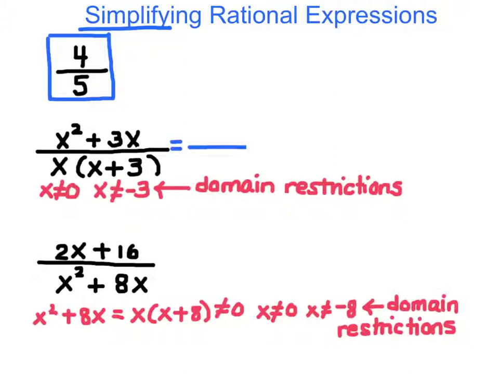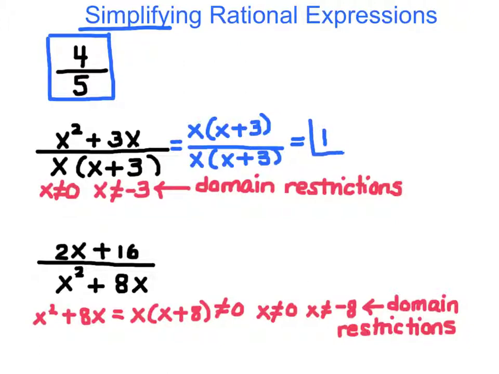In the numerator of this expression, we can factor out an x, and it's x times x plus 3. And if I rewrite the denominator, I can see that the denominator is also x times x plus 3. Since the numerator and the denominator are equal, this expression simplifies simply to the number 1.